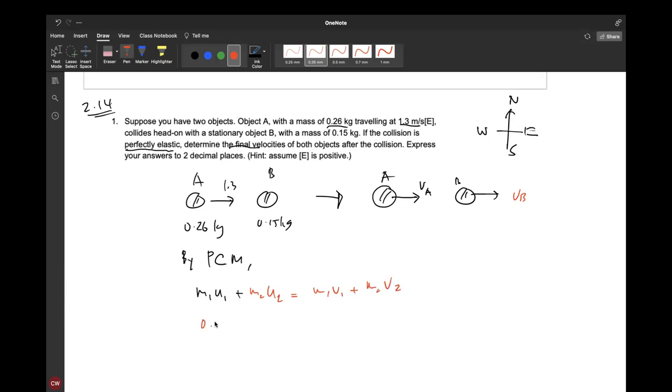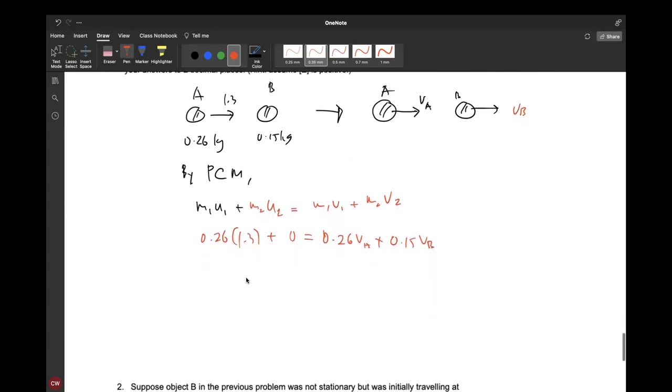So our first equation is 0.26 times 1.3, and this one has no speed, so put 0, equals 0.26 VA plus 0.15 VB. So this is the first equation, with VA and VB.